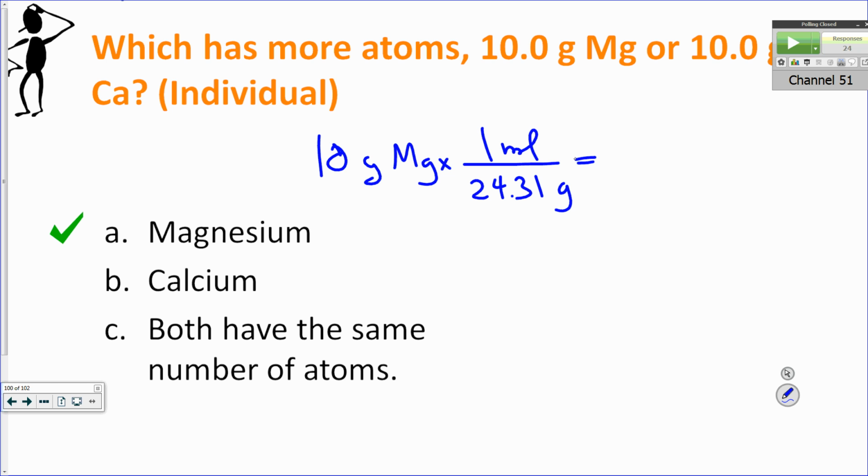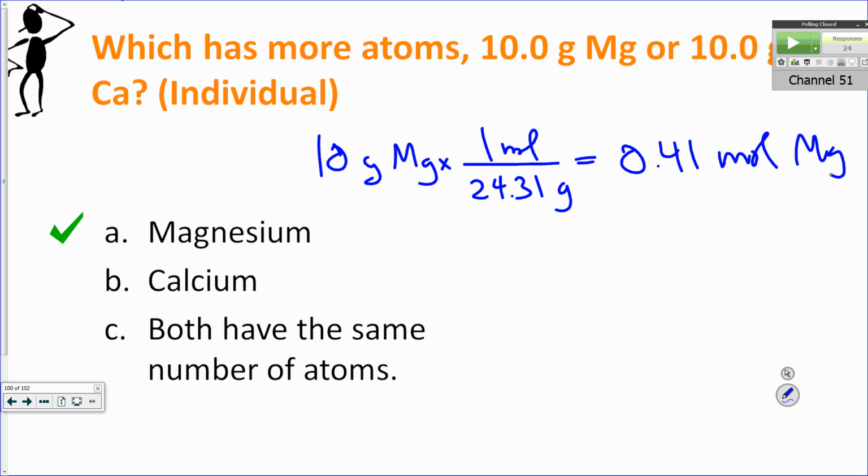So if I divide that out, I don't know, it's 0.3 or something like that, whatever the number is. It's 0.41 moles of magnesium.